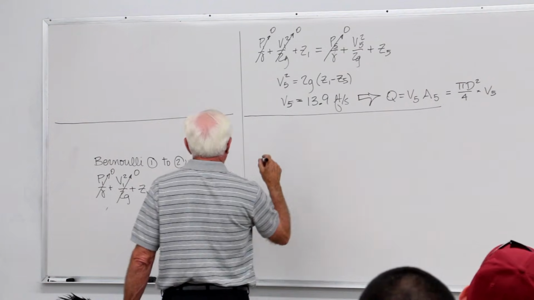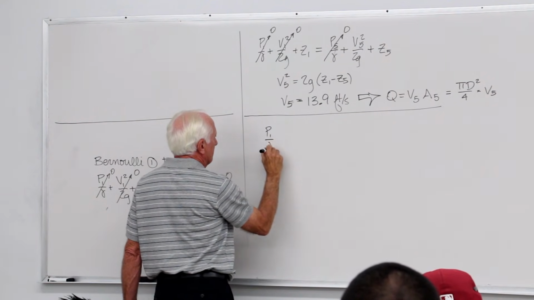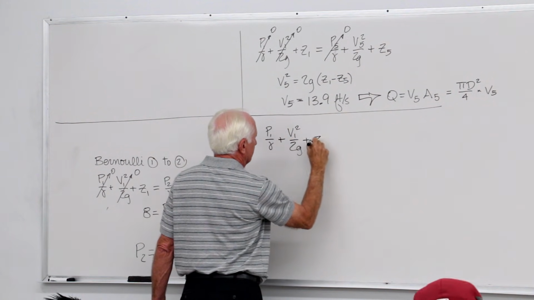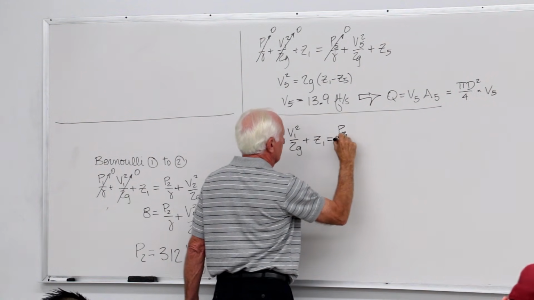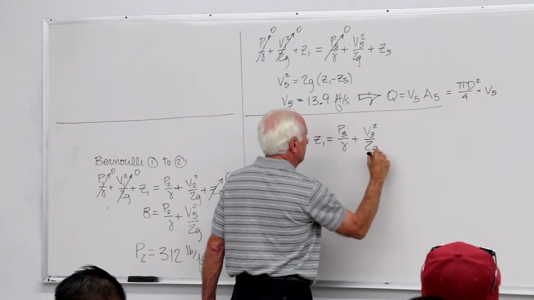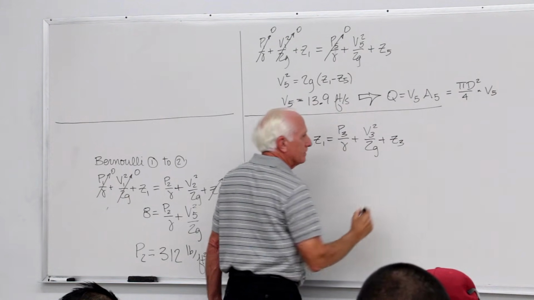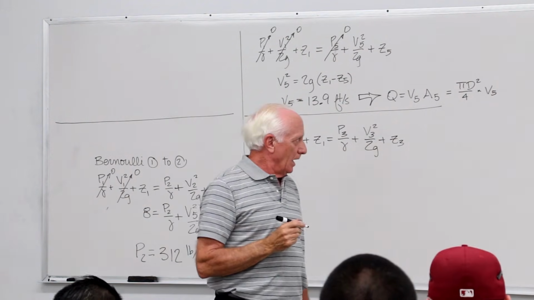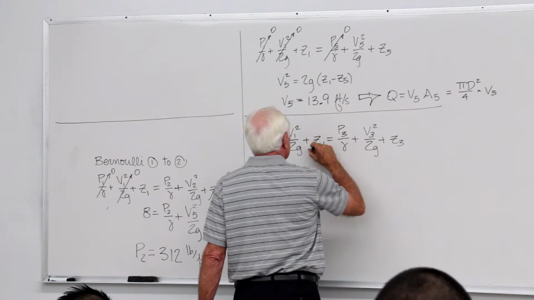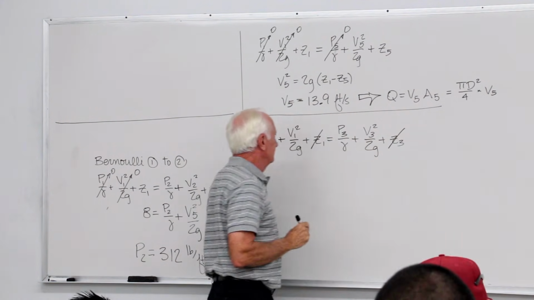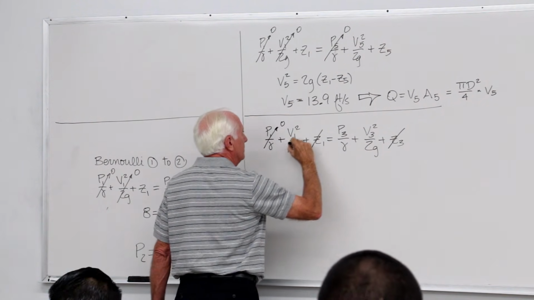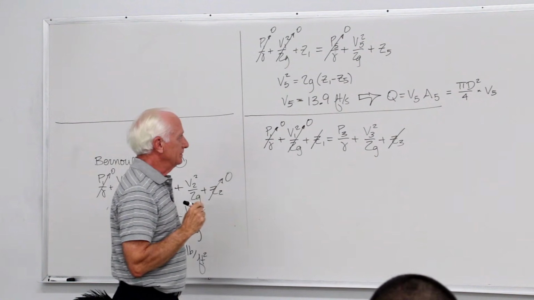1 to 3. Well, this is interesting. Looks like Z1 equals Z3. Ah, that's right. Z1, Z3. P1, 0. V1, 0. Oh, okay.